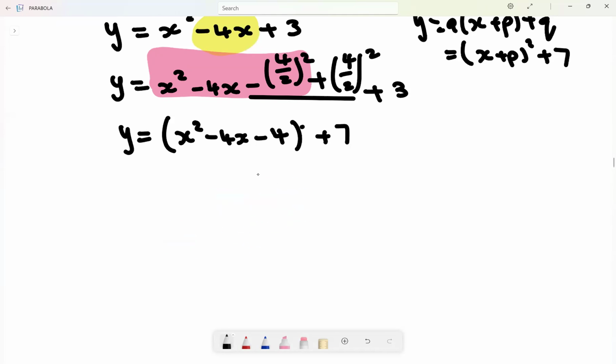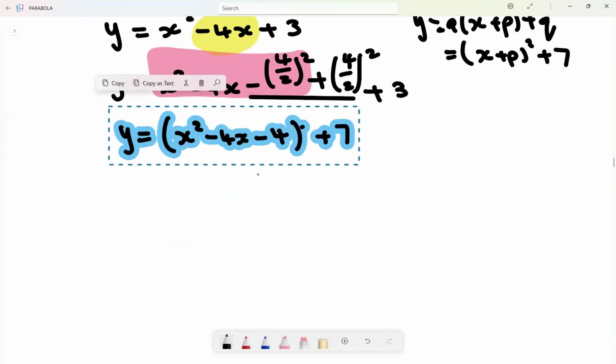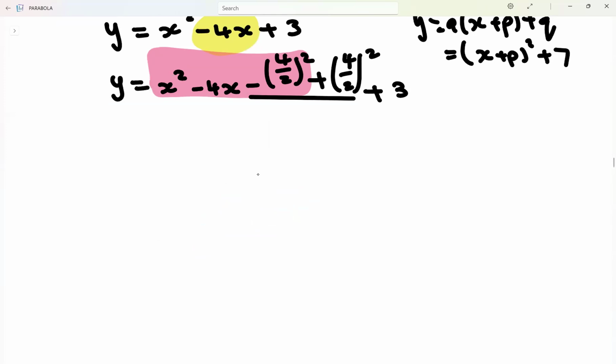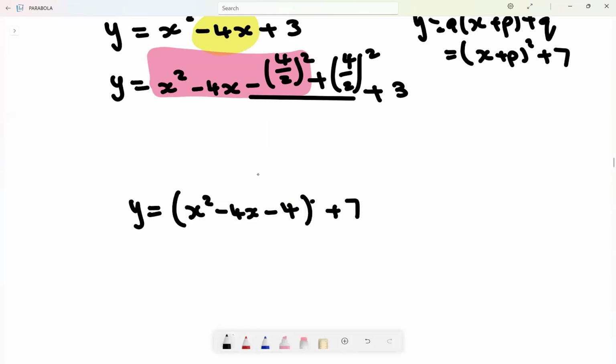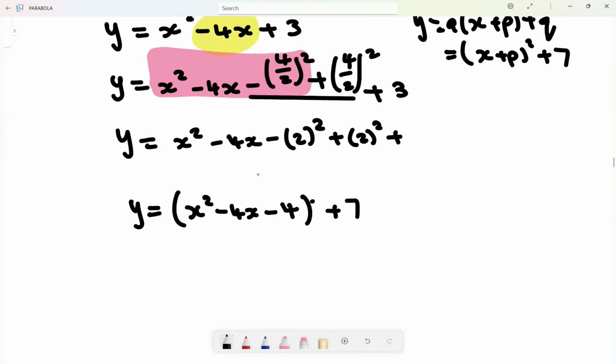Okay, before I come to this step, let me show you this one so that you'll always remember. What is it that you're going to put in your bracket? Here, I'm going to have something like y is equal to x squared minus 4x minus 2 squared plus 2 squared plus 3. So remember, now I grouped what? These three. Okay?